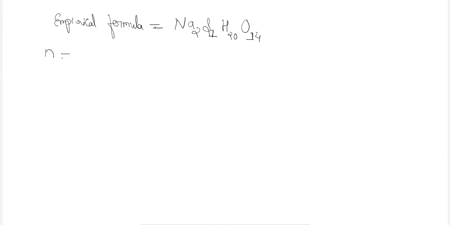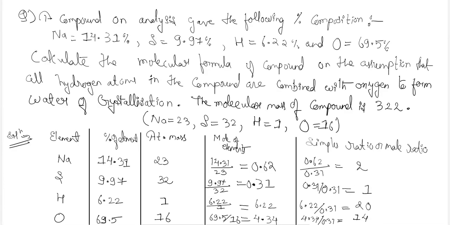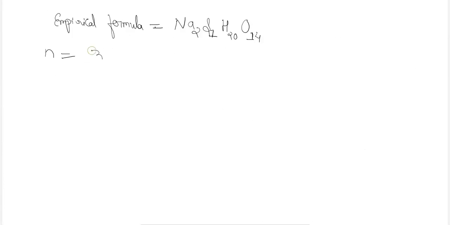So for molecular formula, n will be required, and the molecular mass is given here in the question as 322. 322 divided by 2 into 23 plus 32, because one sulfur is there so only 32 will be taken, plus 20 plus 14 into 16.